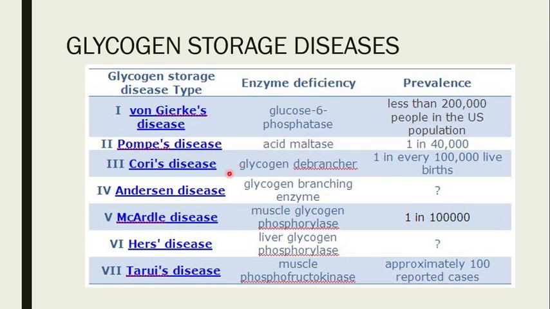Next, glycogen debrancher is the one responsible for, of course, debranching your glycogen in order for you to produce glucose again. Next, glycogen branching enzyme. So this is the one responsible for converting your glucose to glycogen in order for you, of course, to store the glycogen as a reservoir or fuel in our body.